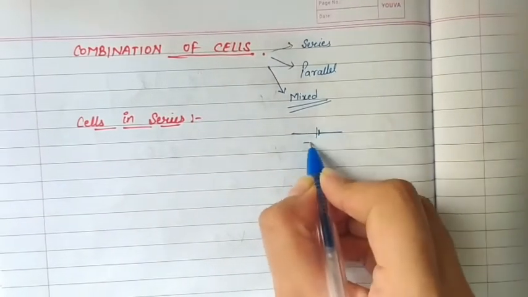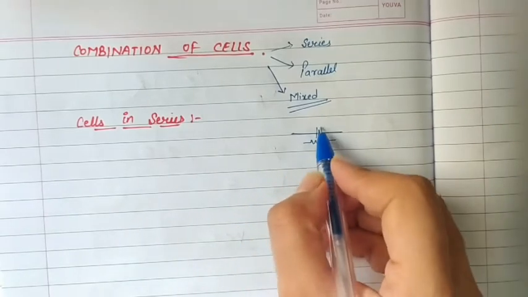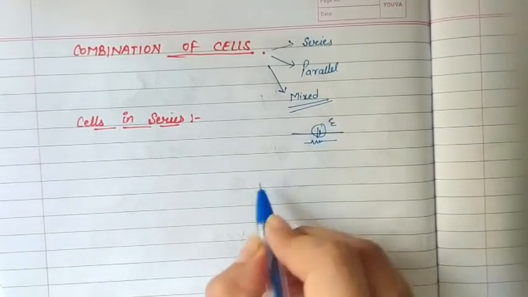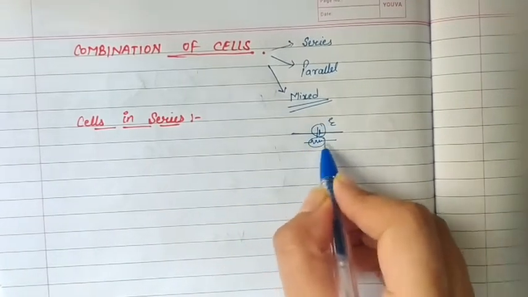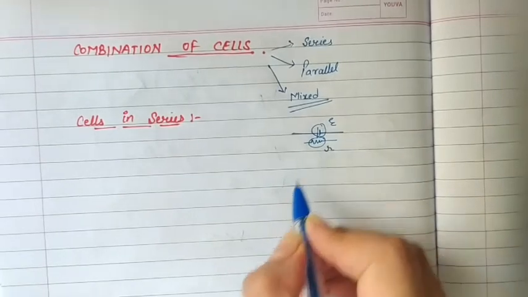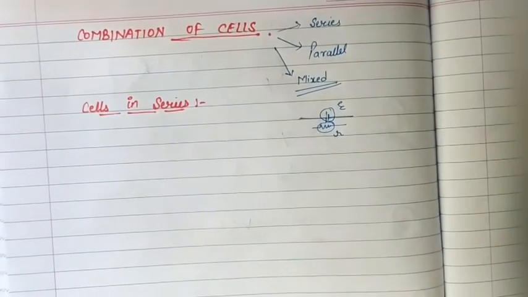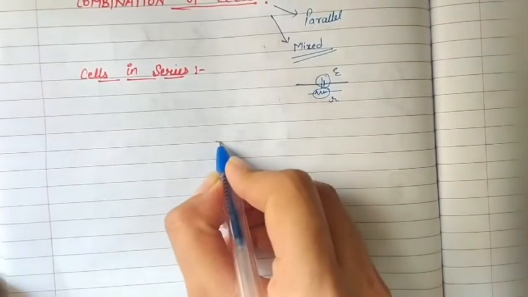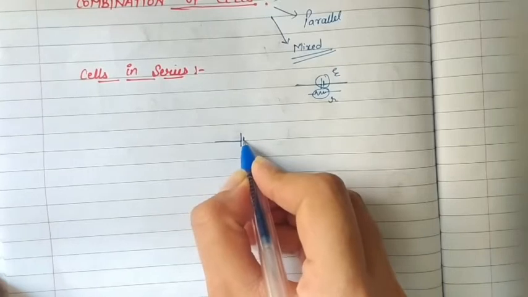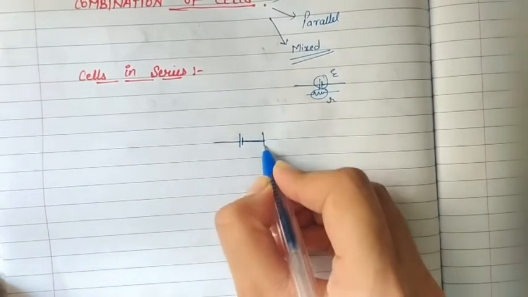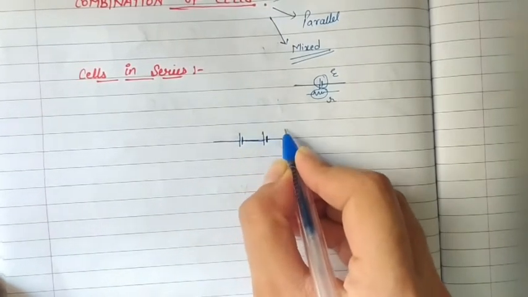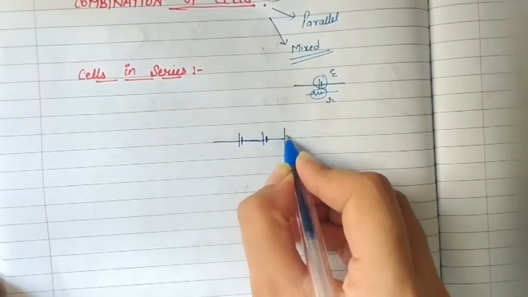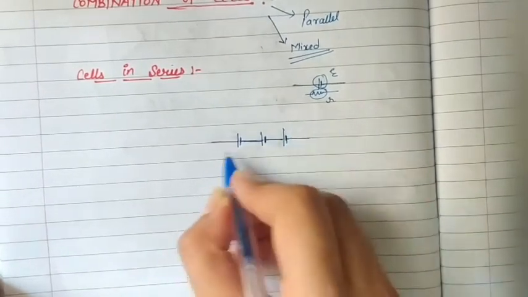Now this will be the representation of a cell, where this section represents the EMF, while the resistance below shows the internal resistance of the cell. So cells in series means when the negative terminal of one cell is connected to the positive terminal of another cell, and so on.